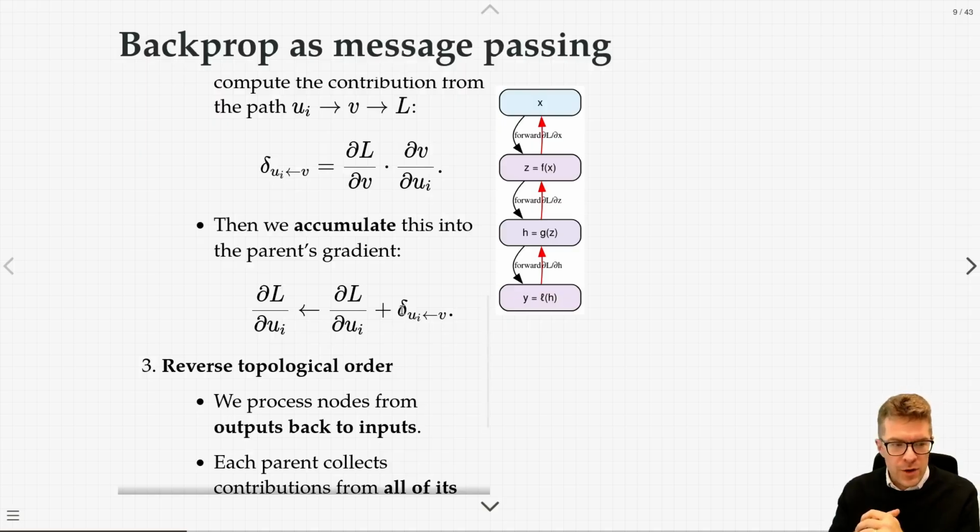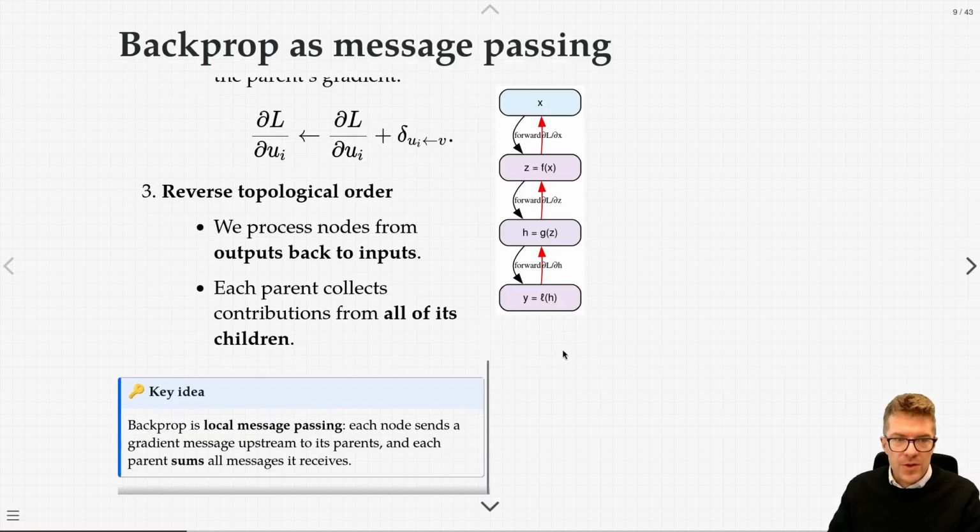Just like when you're summing over a list, or in a for loop, you're accumulating some overall sum or quantity. The same thing's going on here. For each of these intermediate nodes, we're going to keep on adding these messages on the right-hand side, this second term, to whatever we've accumulated so far, and this will all add up to our overall loss with regards to each of our values u sub i.